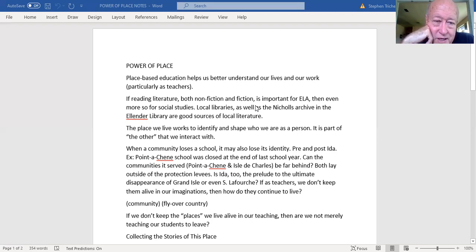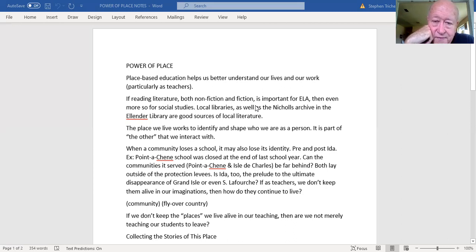Bishop talks about how she uses local literature in her ELA class. Well, I'm going to argue that if reading literature, both nonfiction and fiction, is important for ELA, then even more so for social studies.